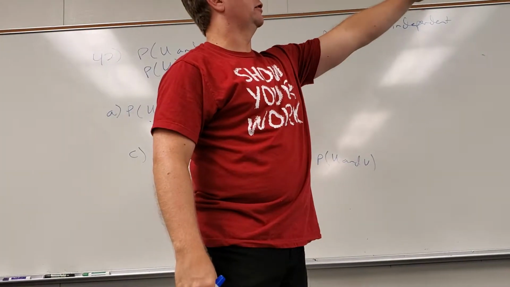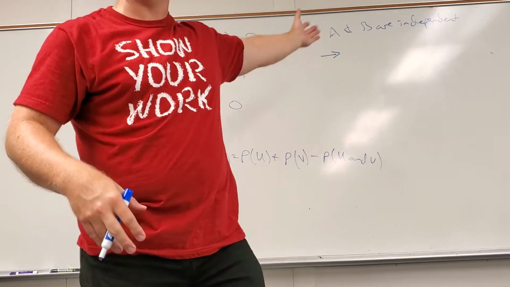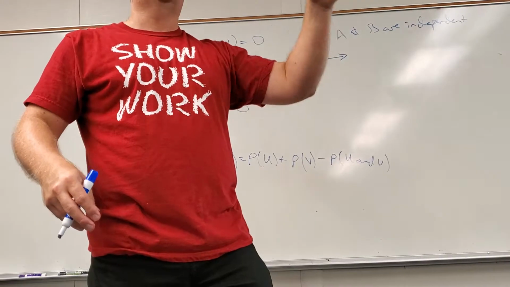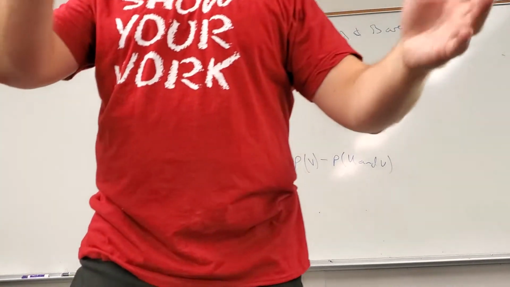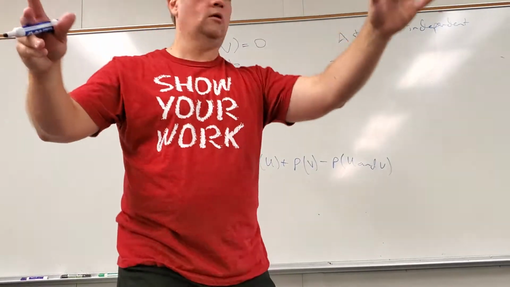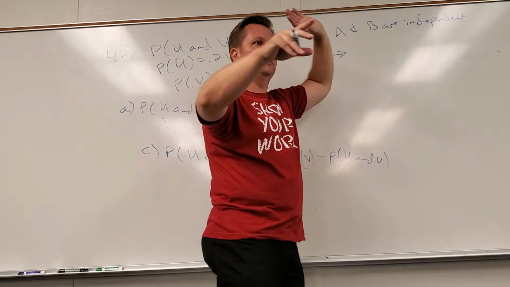They say J and K are independent, so I'm just doing it in general. If I tell you any two events are independent, like A and B, what does that mean is true? You can look through your notes. What's the test to see if two things are independent? What must be true? P of J must equal P of K? Let's just talk about A and B. No, that's not true, though.